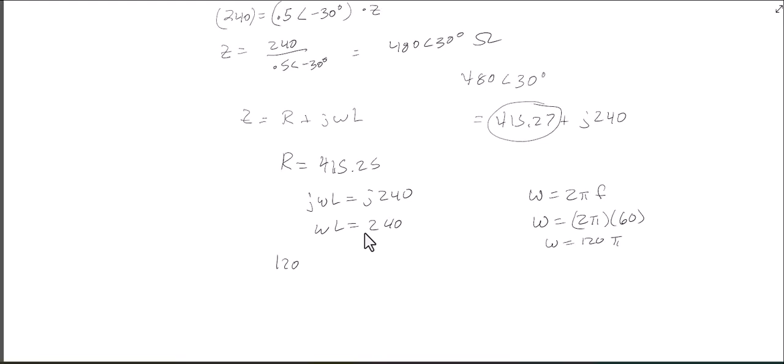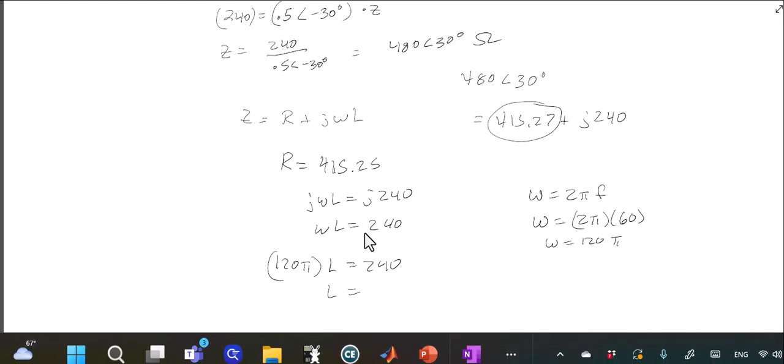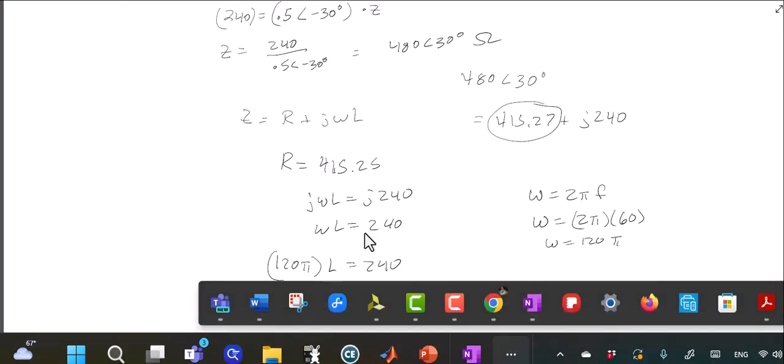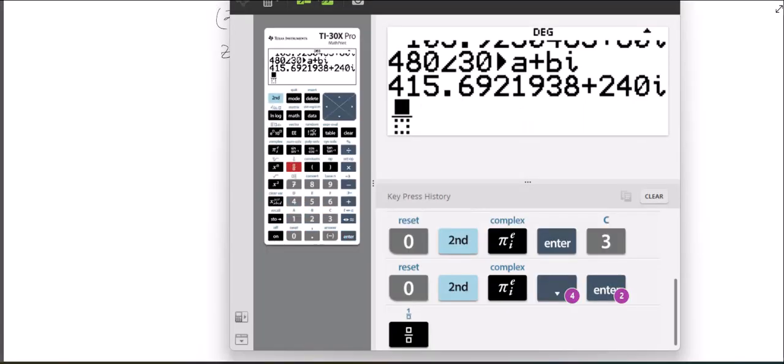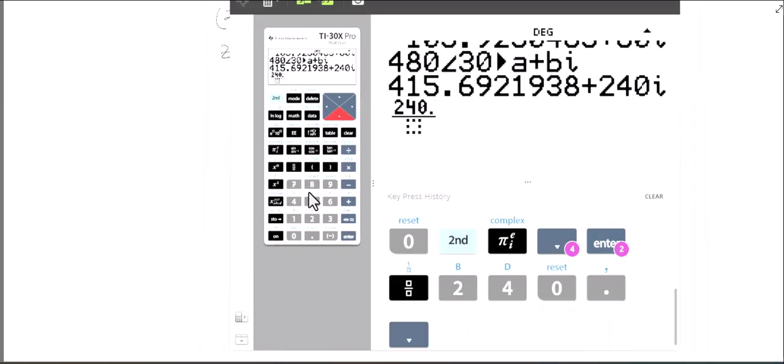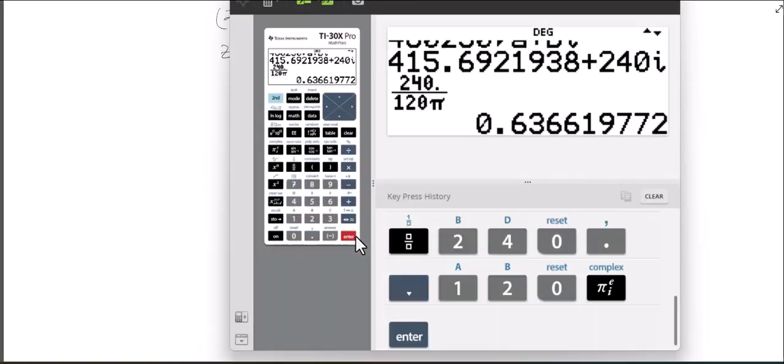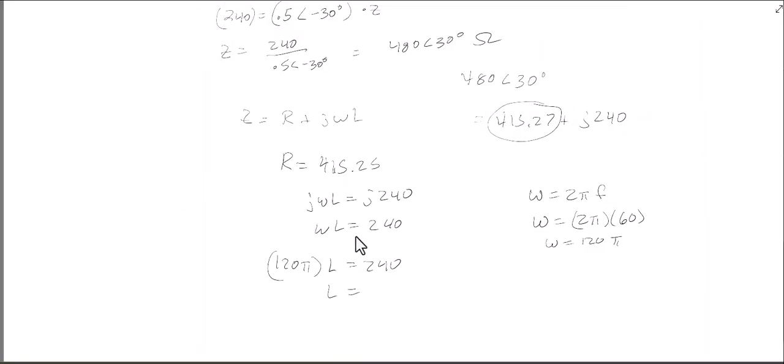So 120 pi times L equals 240, or L equals 0.64, and this is an inductor, so that would be 0.64 henries.